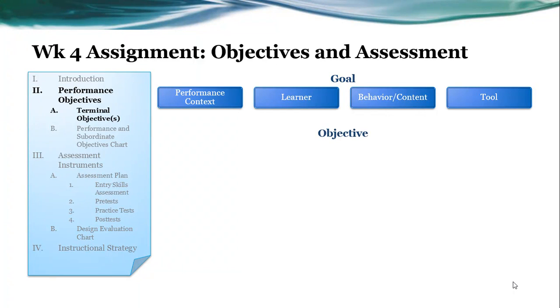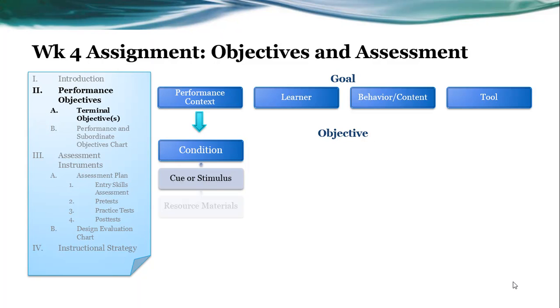But when you write the objective, the authors tell you that the performance context actually turns into the condition. And they further give you ideas on what types of conditions are applicable right here. So sometimes it's a cue or a stimulus. What needs to happen before the learner can perform the action? Or what kinds of resource materials the learner would use?